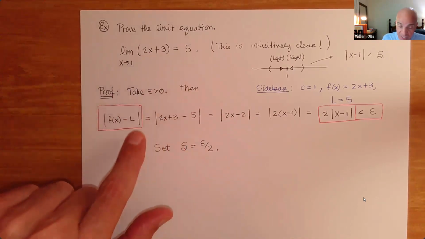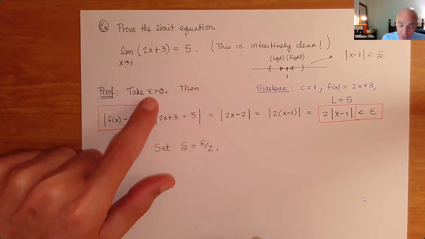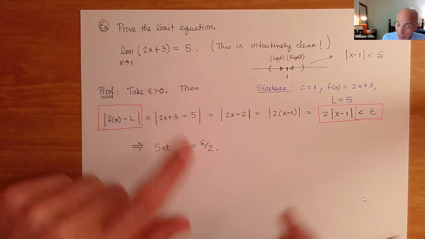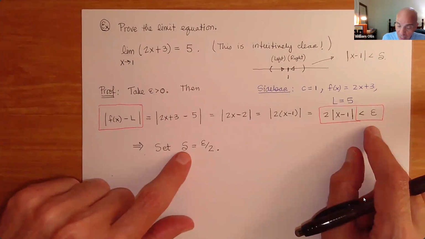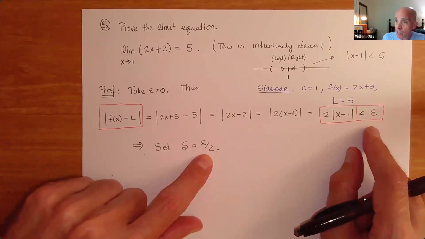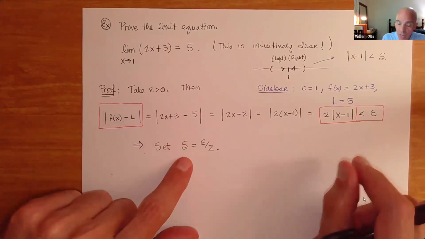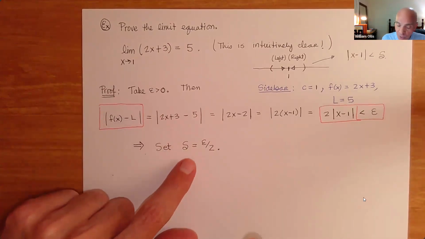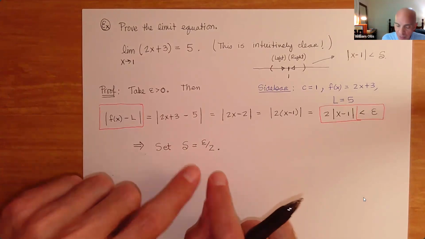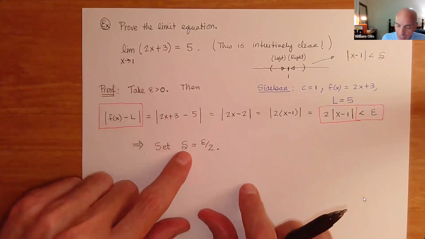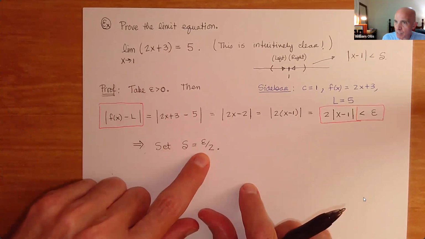Now, of course, this is in the abstract. So if you wanted to give us epsilon of 1, then of course delta would be equal to 1/2. So we could take specific epsilons and get specific deltas. But here's another thing that's important. There is nothing unique about any of this. The delta can be smaller than epsilon over 2 and still work clearly.